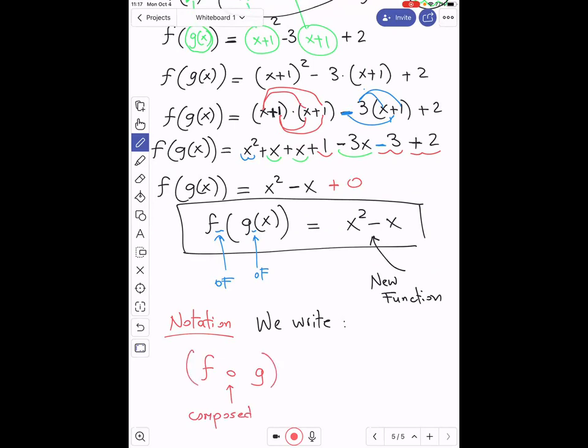So f composed with g of x, this is f of g of x. And as I said, this is not multiplication. This is f of g. All right, f of g of x.